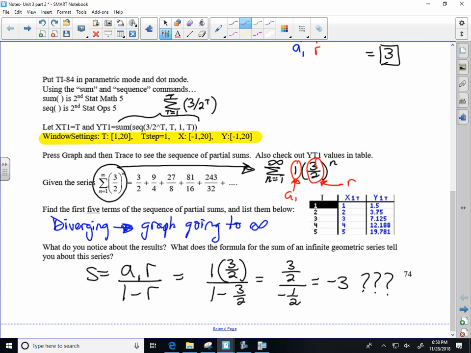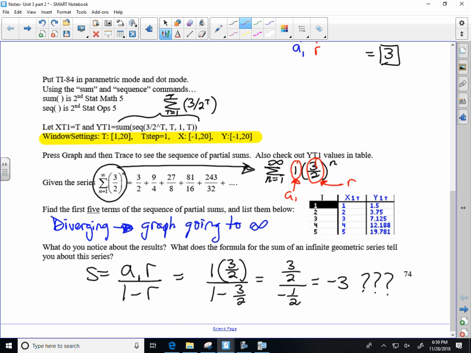All right, well, how do I know that negative 3 is telling me that it's diverging instead of actually telling me that it's converging on negative 3? Yeah, exactly. Slash common sense, basically, because you got a negative sum from only positive numbers. How could that have happened? Doesn't seem to make sense.